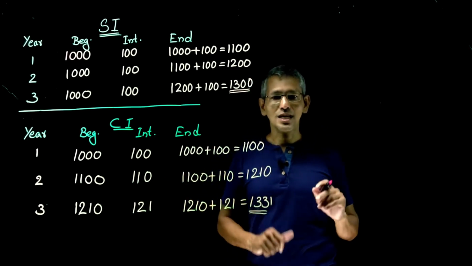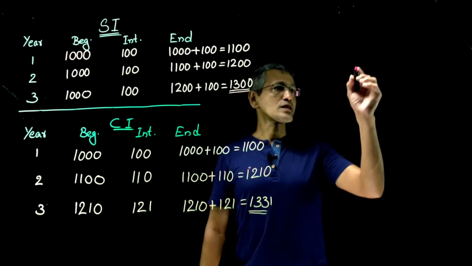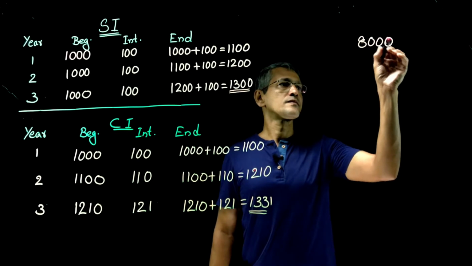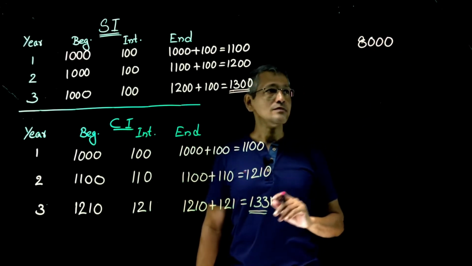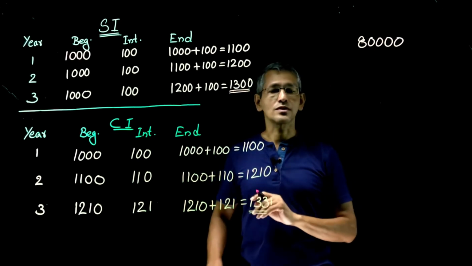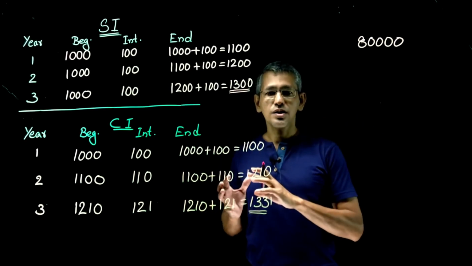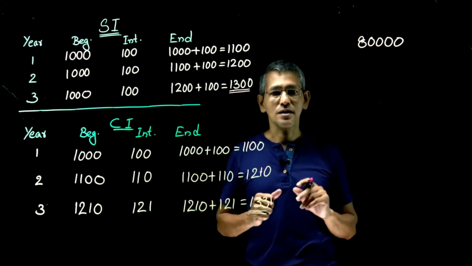All right, so let's take another example. A person invested 80,000 rupees. If it is simple interest and if it is compound interest, how much difference does that make?